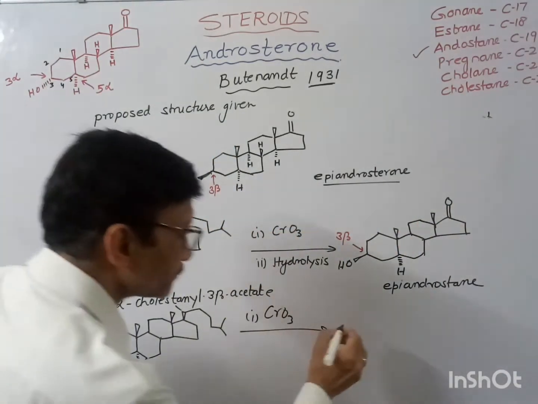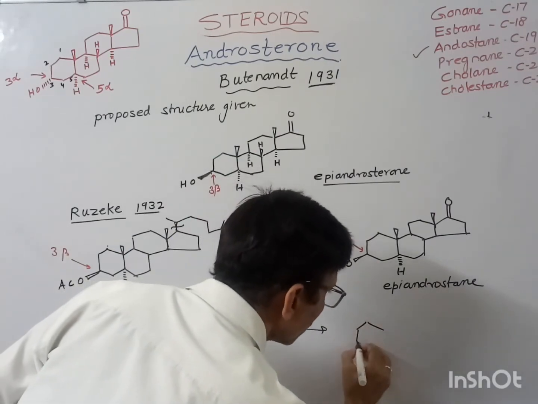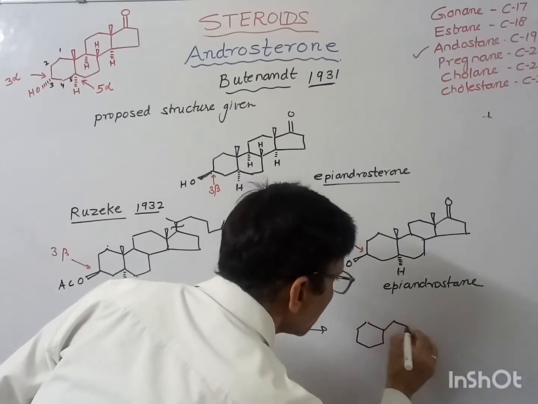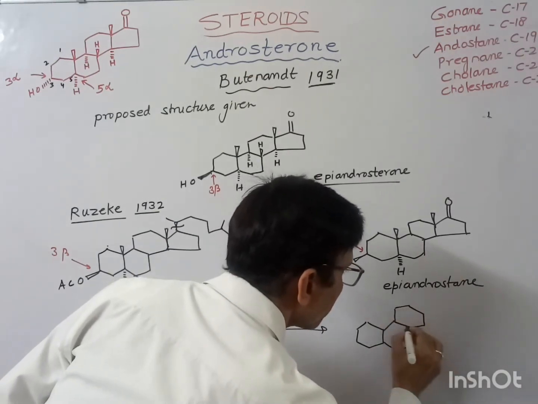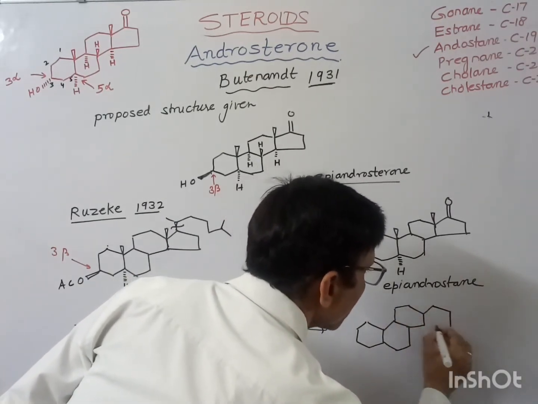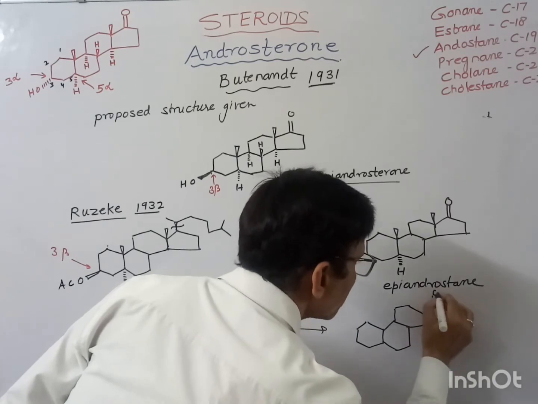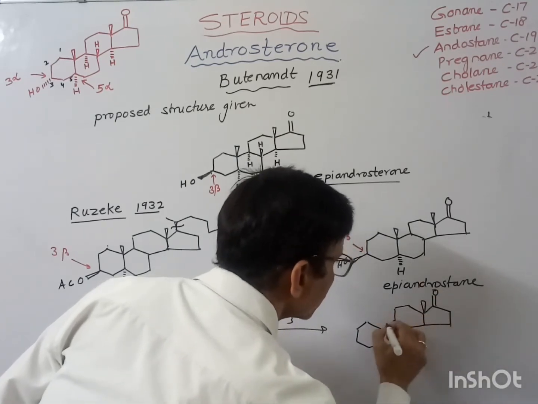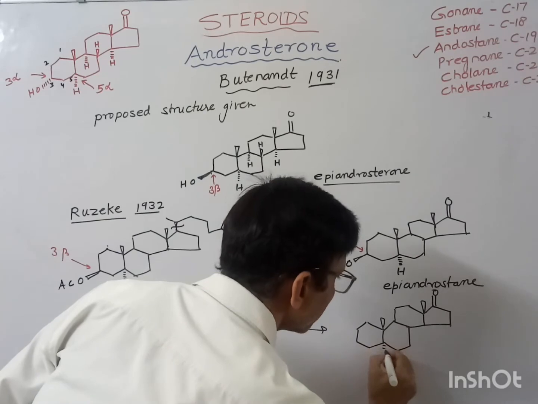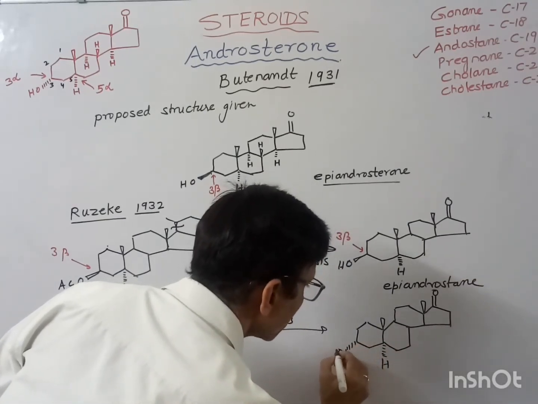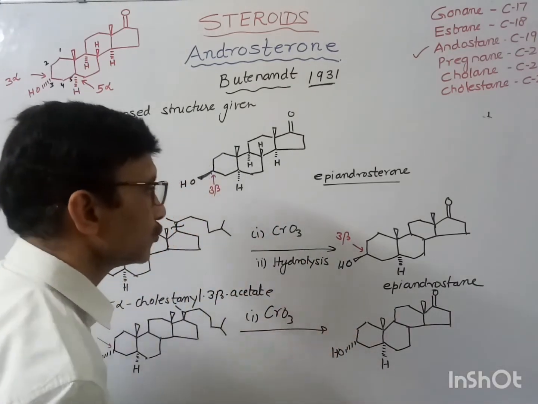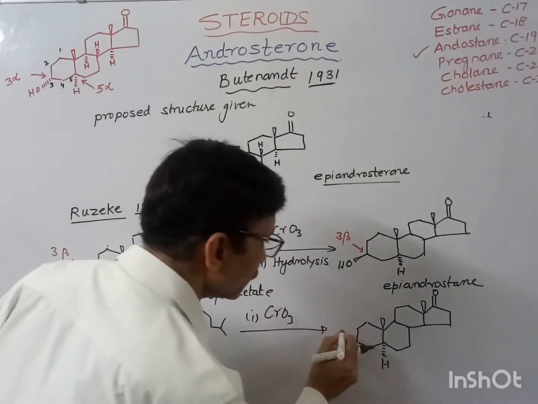Now he got the androsterone. So this is the androsterone. In androsterone, one of the things we should remember is the position of this OH group, which is alpha.